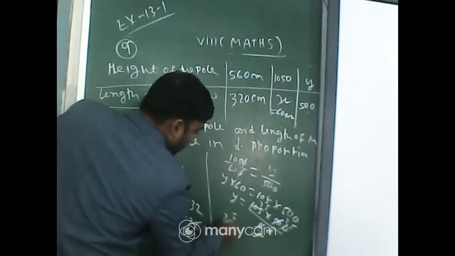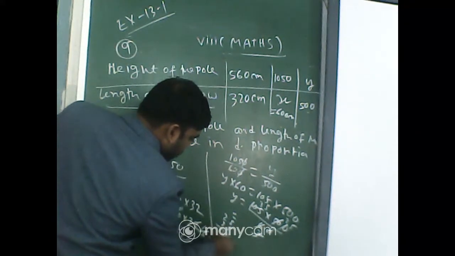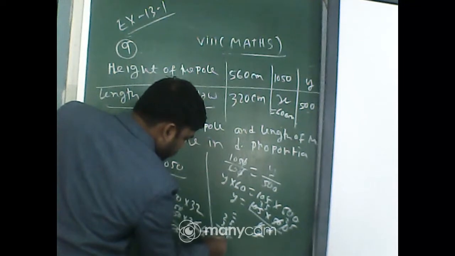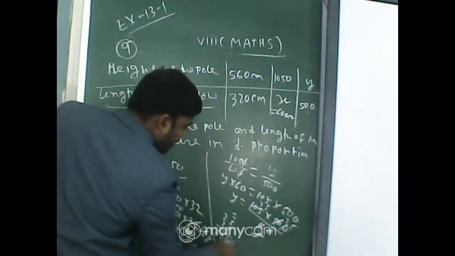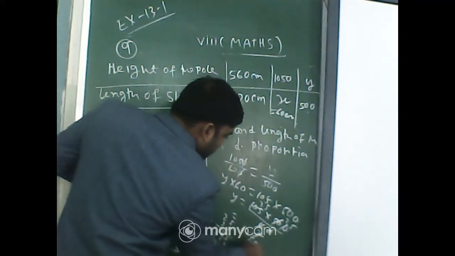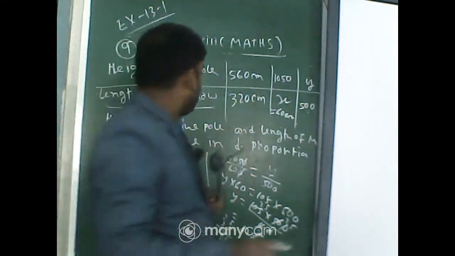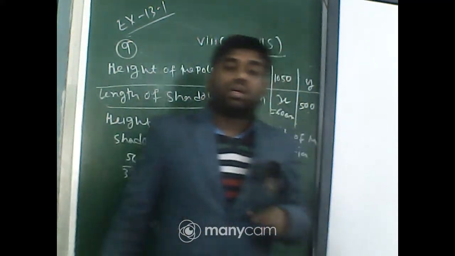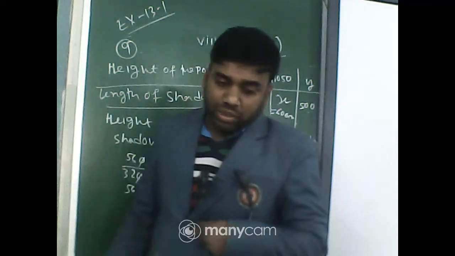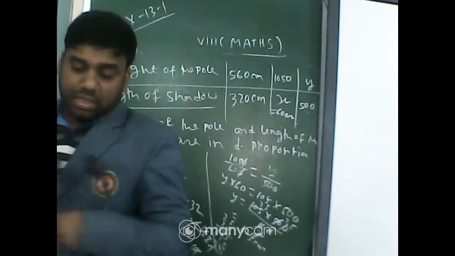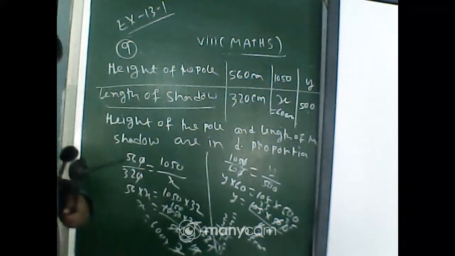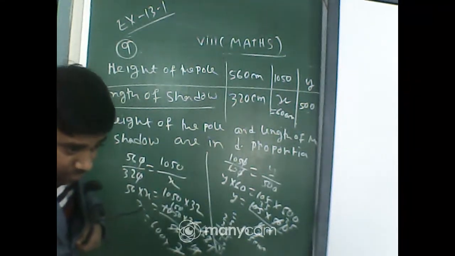That is 25 into 35, which is 875 centimeters. 875 centimeters is the height of the pole. Okay, students, so that is question number 9. Moving on to the last question.